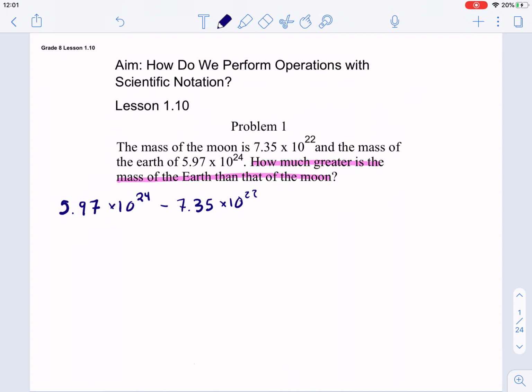Now, when you're adding or subtracting numbers in scientific notation, we need the exponent with our power of 10 to be the same. So I have a 24 and a 22. Now these two exponents are not the same, so I have to convert them so that they are going to be the same. I can pick either one that I want to change.